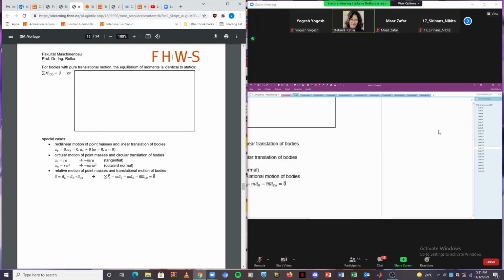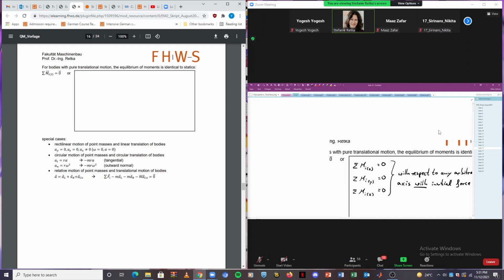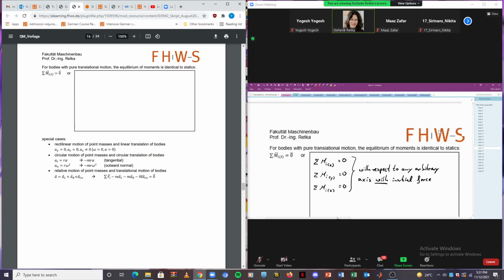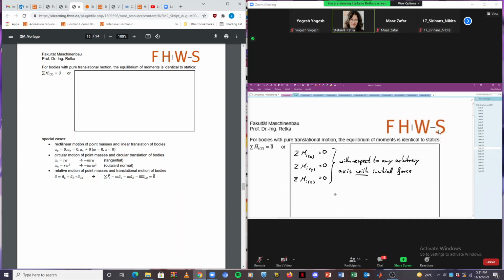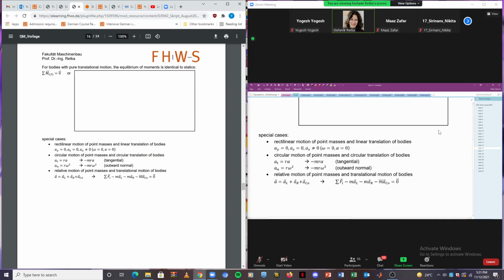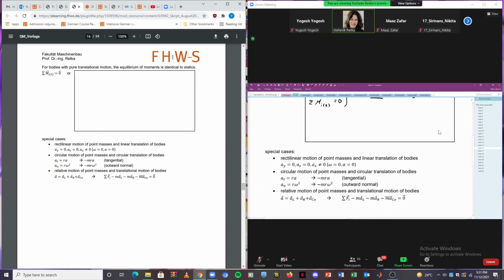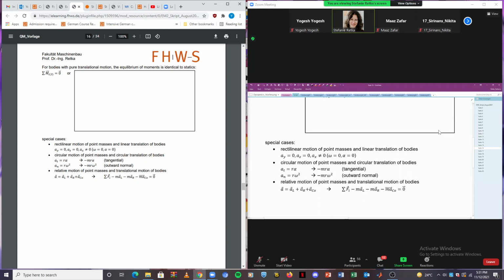Okay. Let's go back here. So, special cases. There are 3 special cases that simplify the equations, the previous equations that we just discussed. So first one is a rectilinear motion of a point mass or a linear translation of a body.